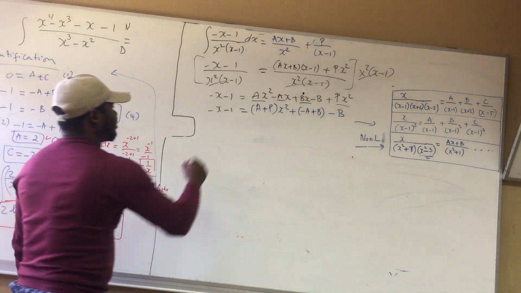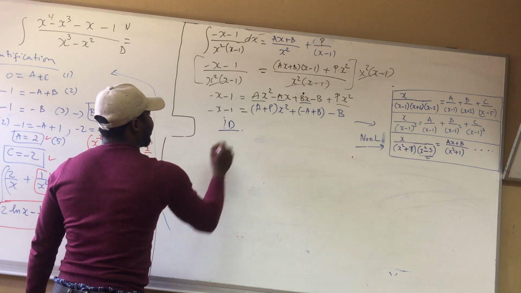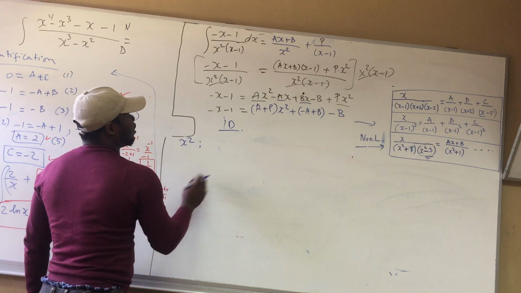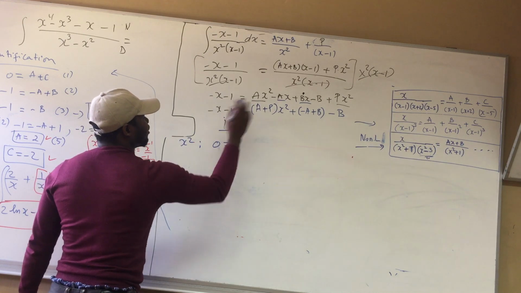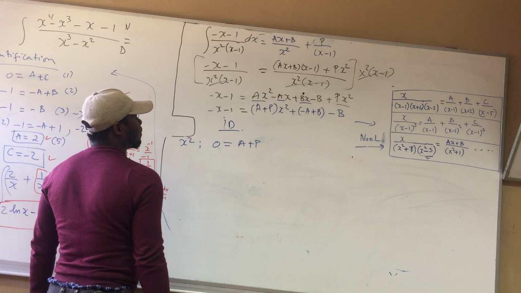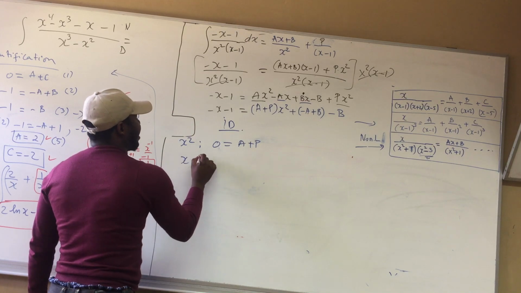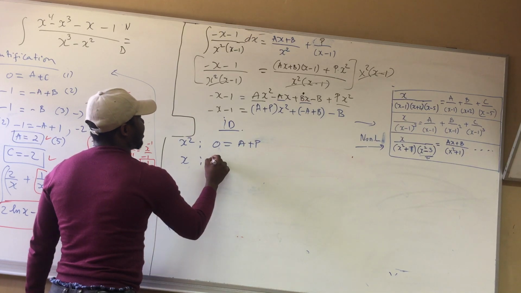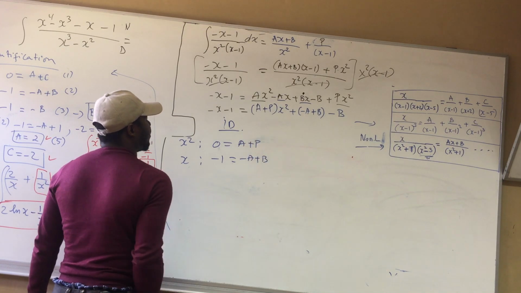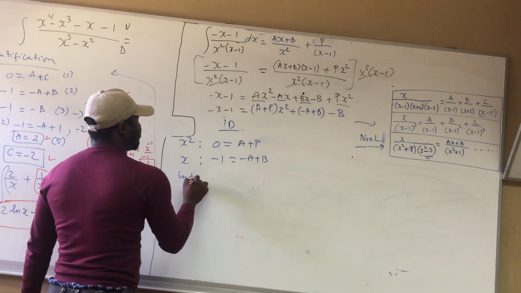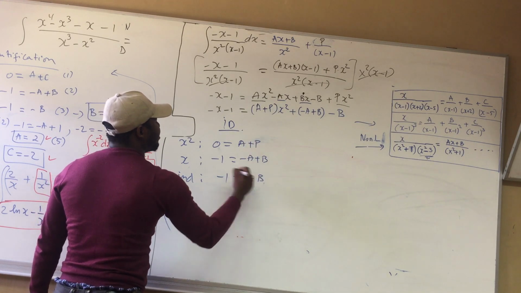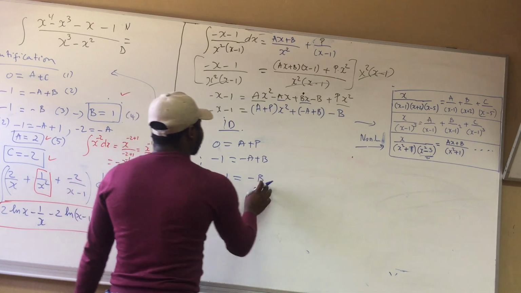Then I will have what? Identification. In terms of x squared, on the left side I have 0, on the right side I have A + P. In terms of x, on the left side I have -1, on the right side I have -A + B. Independent term, on the left I have -1, on the right side I have -B.